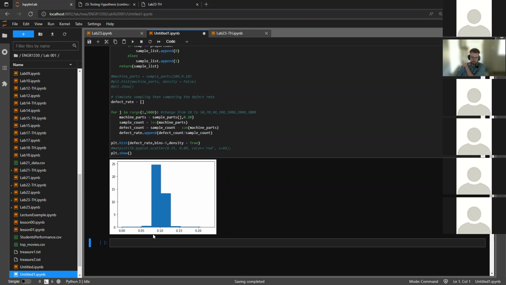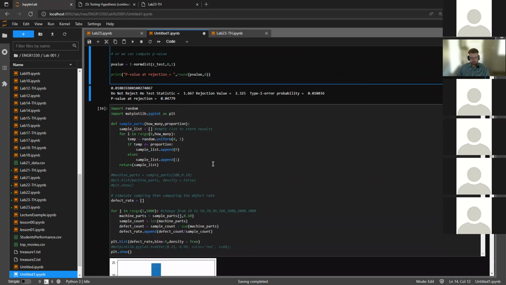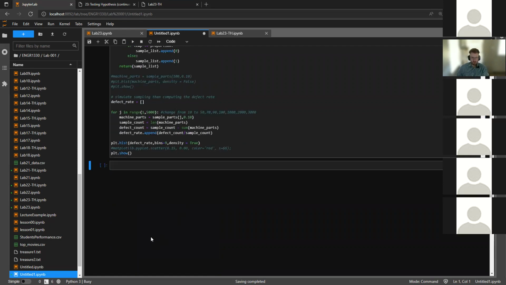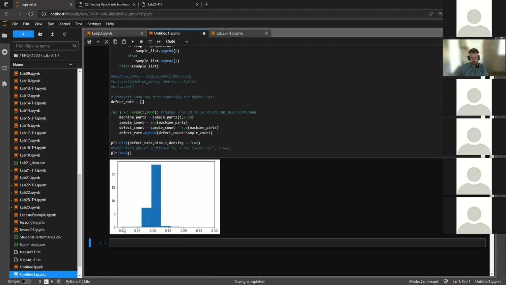So this is a histogram. And most things are in the 0.1 range. But if we change this to 1.6, we can see that we have more things going up towards the 0.3 area.